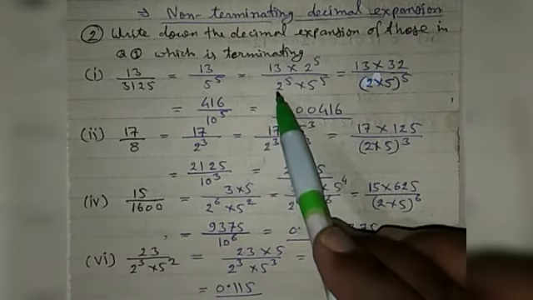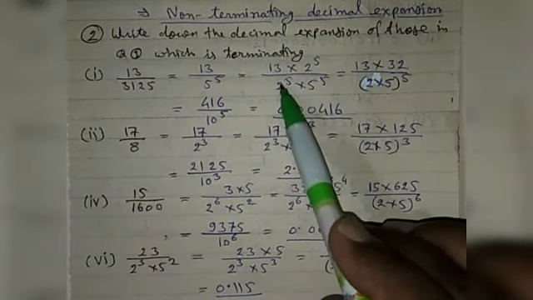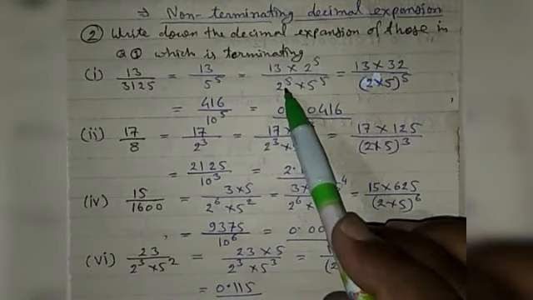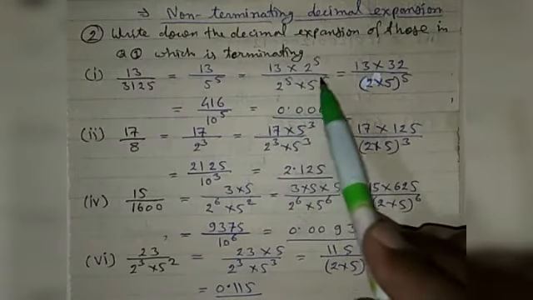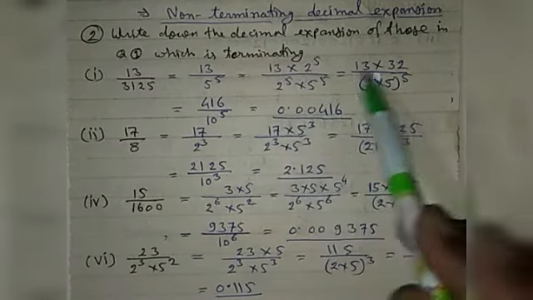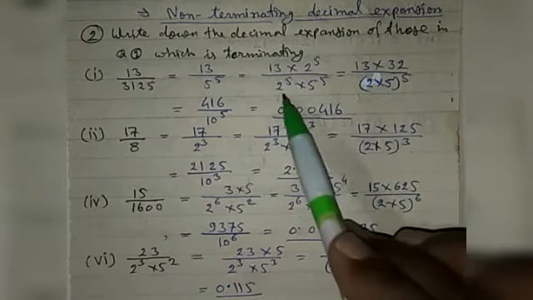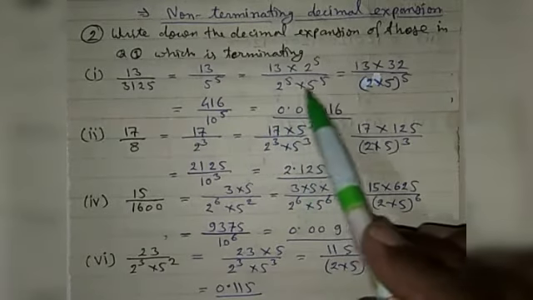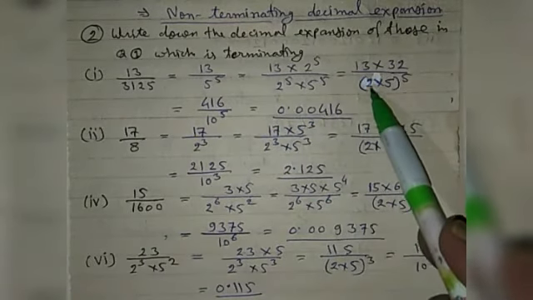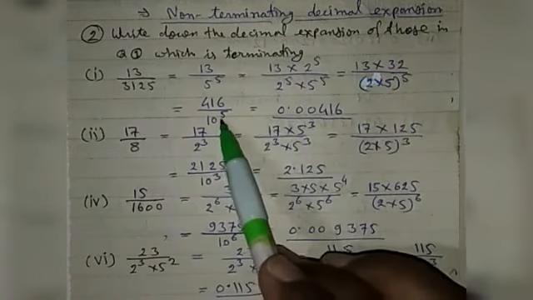So here you have to multiply 2 power 5 into 5 power 5. 2 power 5 you have to multiply in denominator, so also you have to multiply in numerator. Then in the numerator it will give 13 into 2 power 5 means 32. And in the denominator here powers are same, so the numbers will be multiplied. So it will give 2 into 5 whole power 5. 2 into 5 means 10. It will be 10 power 5.